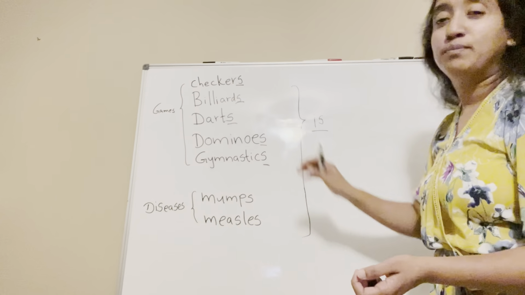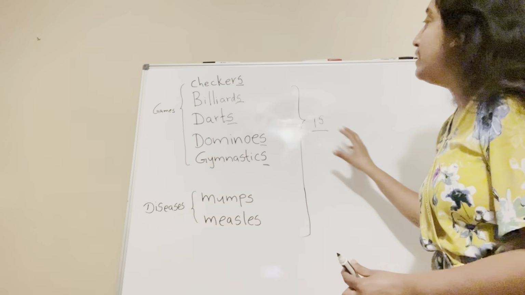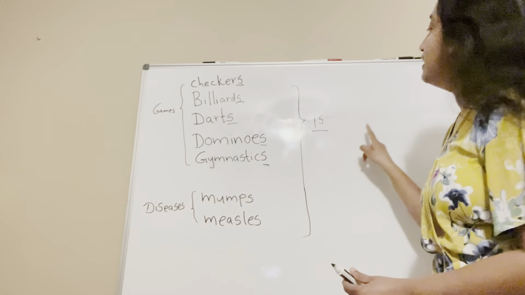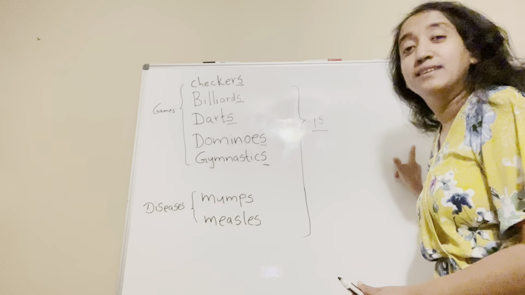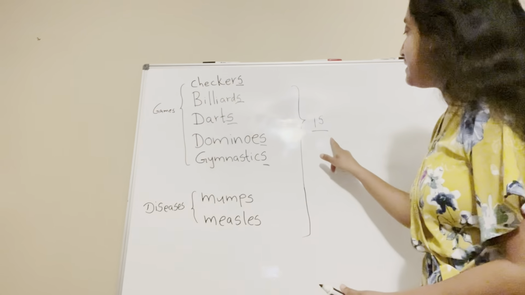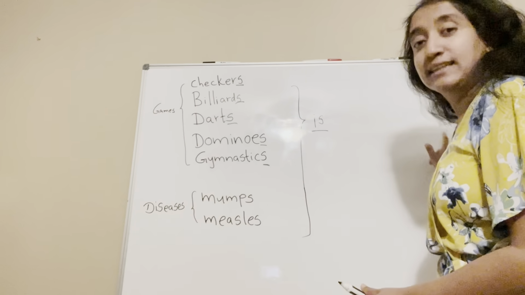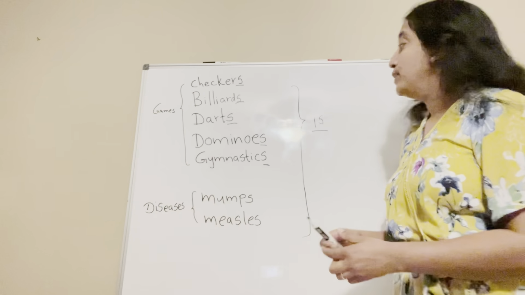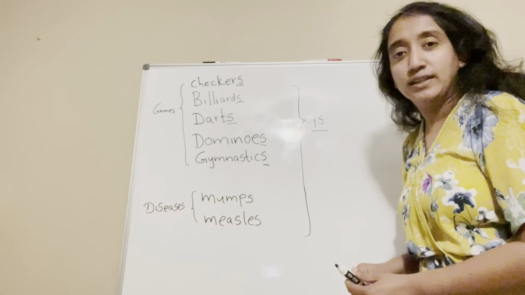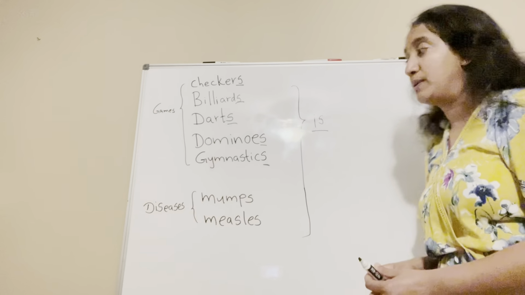They are not plural words, they are singular words. We talked about how checkers is a popular game among children. Billiards is a famous game in England. So we always use is with these words to maintain the subject-verb agreement.